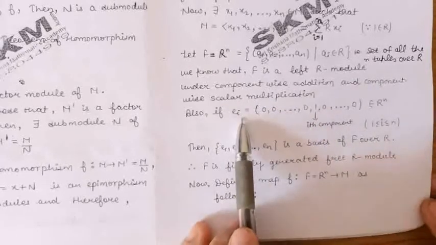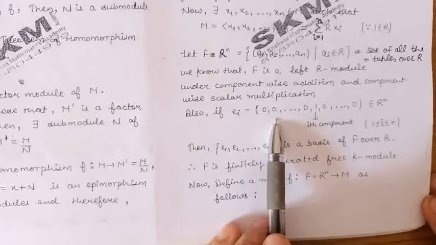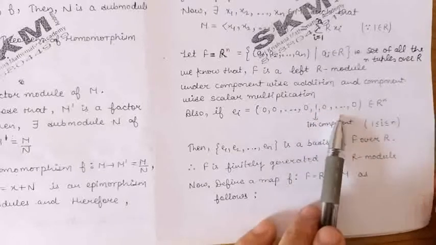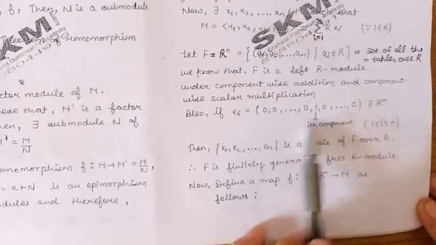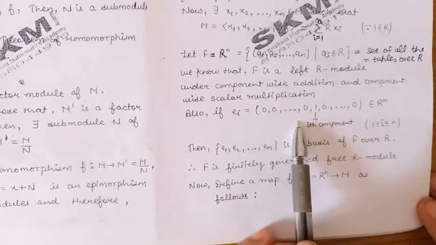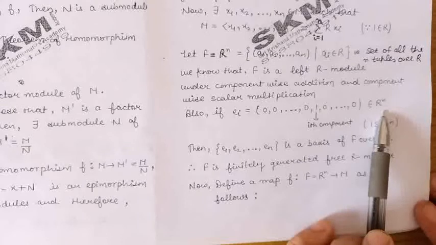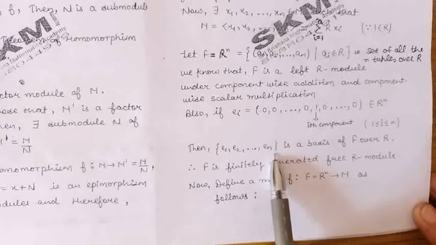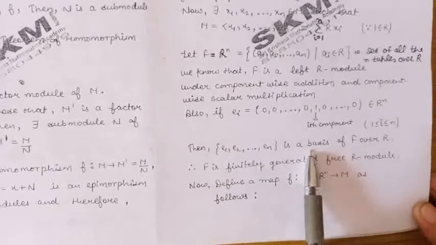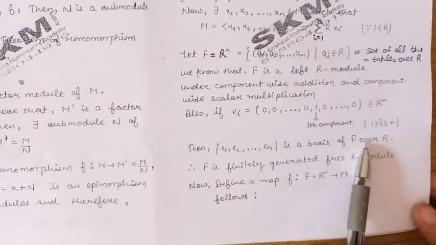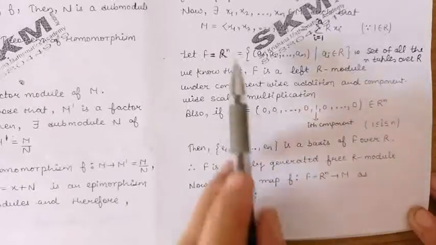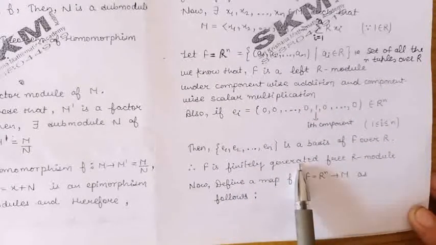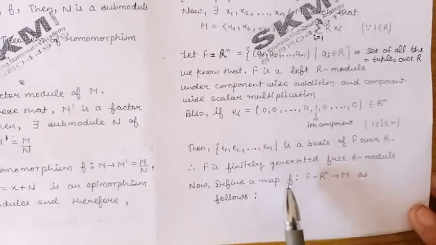And if we take Ei as the vector having 1 in the ith place and all the other coordinates 0, then this is an element of the ring R^n, and these elements E1, E2, E3 up to En form the basis of R^n over the ring R. So we can say that F, which we have denoted by R^n, is a finitely generated free R module, because this is the basis for this module.